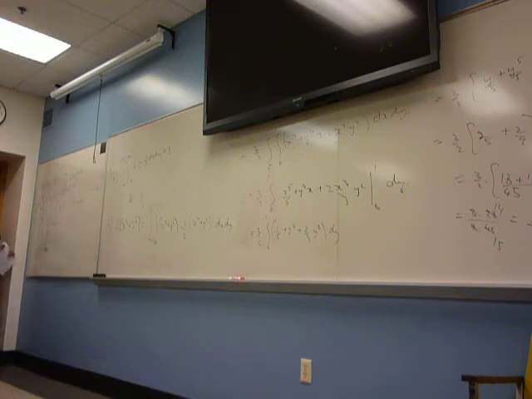Or I could say x goes from 0 to, what is the point of intersection here? It's (1/2, 1). So x goes from 0 to 1/2, and then for each x, y goes from 2x to 1. So I'm thinking of it as x goes from 0 to 1/2, and for each x here, my y goes from here to there. Okay? So that's the second way. Either of these two should give you the same answer.